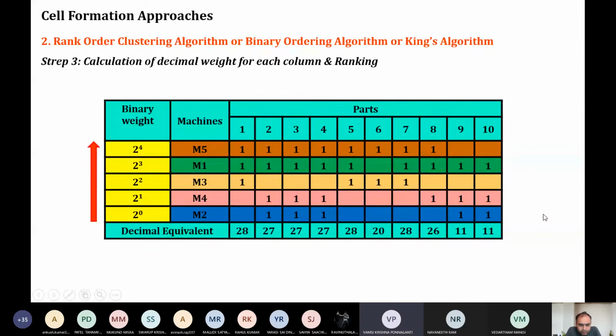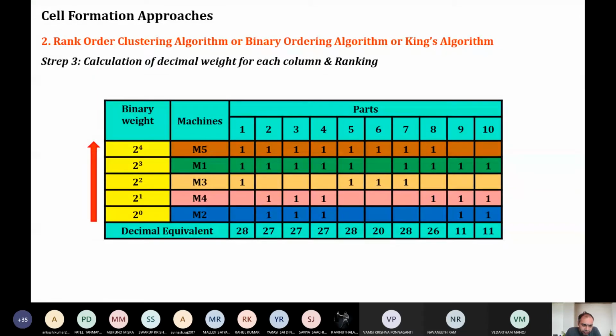Yes, sir. Okay, so now you can tell me what will be the next step. First, we assigned the binary values from right to left, then we found the decimal equivalent row wise. Then we ranked them from higher value to lower value and shuffled the rows.